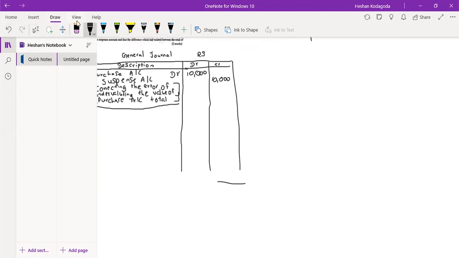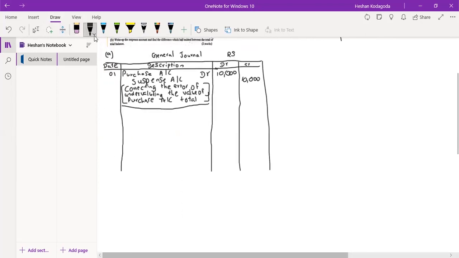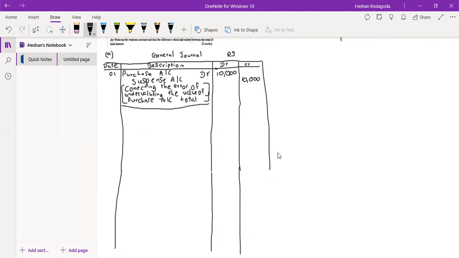Wait. Second one. You can write like this.